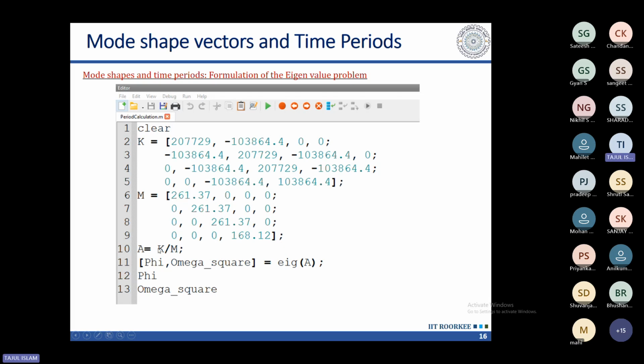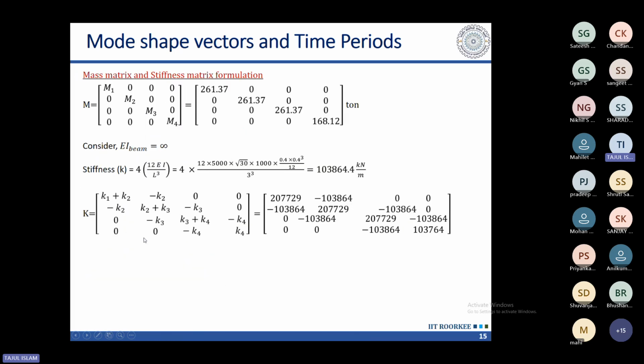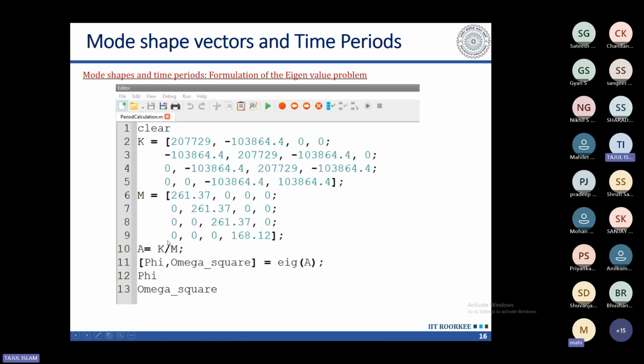Then I have automated it a little bit instead of going into details. Some parameter A is equal to K by M. You can understand this from this expression: if you take this quantity to the other side, it becomes K is equal to M omega square. So omega square is equal to K by M. The same thing I did here, K by M.